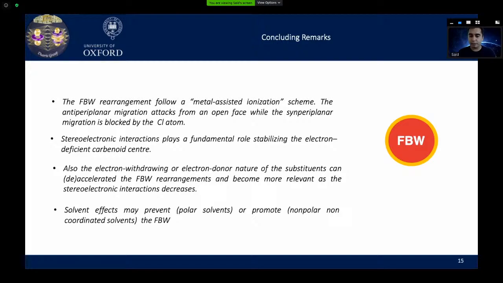And also the solvent effects can affect the barriers drastically and can promote or prevent the FBW rearrangement.